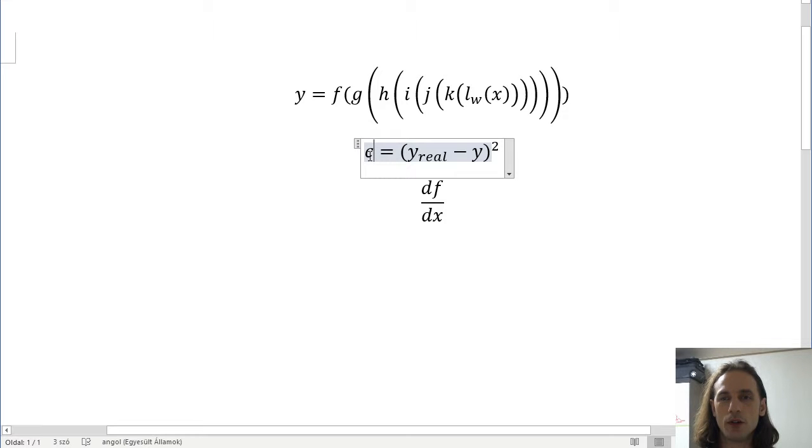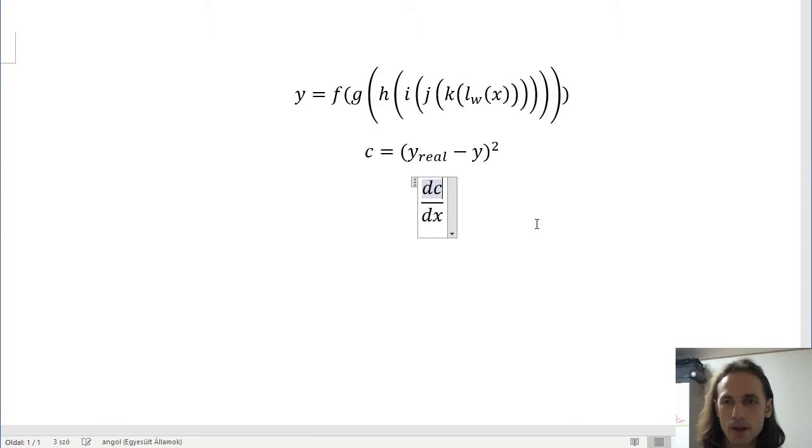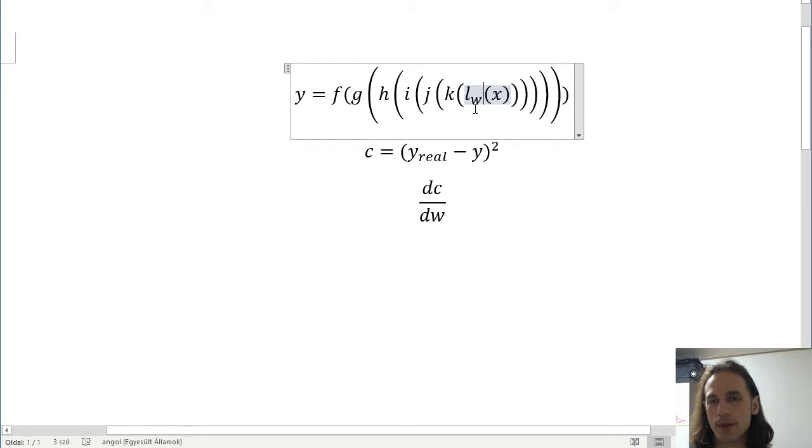What you want to do is minimize this cost, and to minimize it you should figure out how this cost function changes depending on the weights.